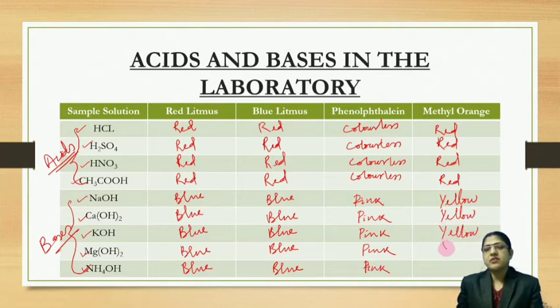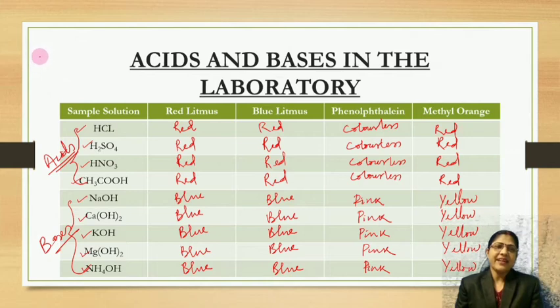Dear students, how can we remember this easily? I will tell you how I used to remember it when I was at school level. I was always confused about how to remember it, so I made a shortcut trick at that time. BAR for litmus, I have already said: blue litmus in acid turns red.